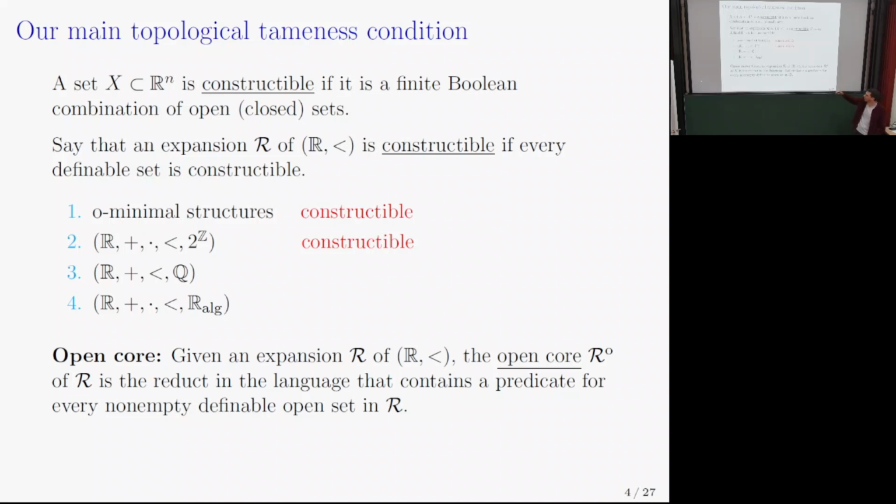Also, if you go back to the papers of Pillay, when he first published about minimality, he was also publishing some stuff about generalizing minimality, and he asks precisely for this kind of property. He asks that every unary definable set is constructible.